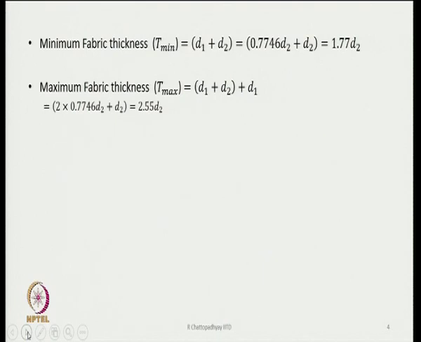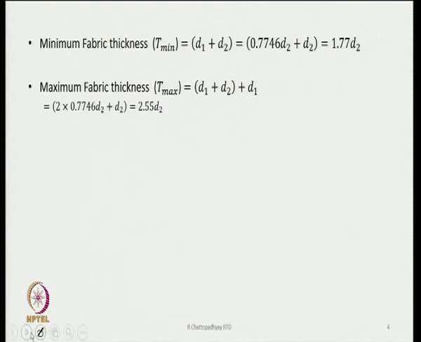If we look back at some of the textbooks, we will find that T minimum and T maximum have been shown. T minimum is D1 plus D2, and therefore it is going to be 1.77 D2. We put the value of D1 in terms of D2 and we get 1.77 D2.